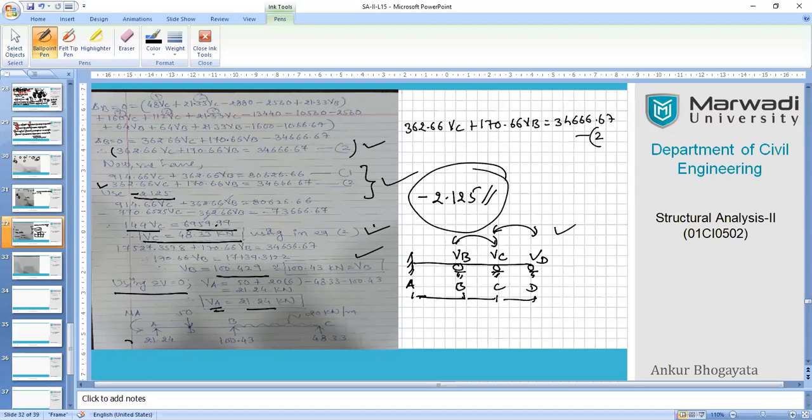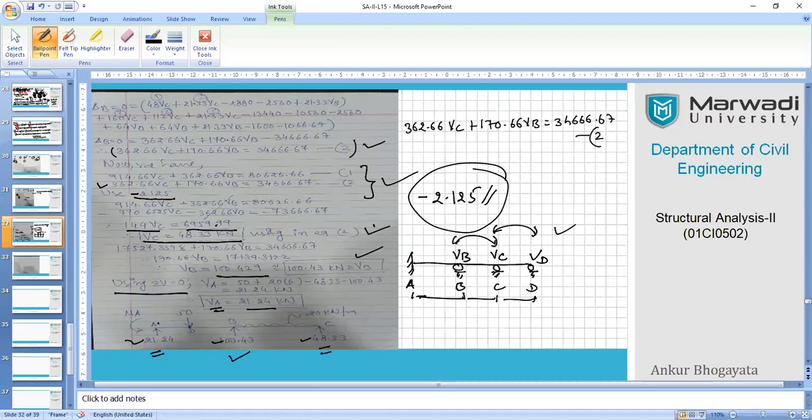So this is how I have shown all the reactions at their appropriate locations, and as Stephen has said, the maximum reaction is at VB. You can see here it is 100.43, that is largest. Second largest is at C, and third largest, I mean smallest, is 21.24. So this is how we have obtained all the necessary vertical reactions required for this system.